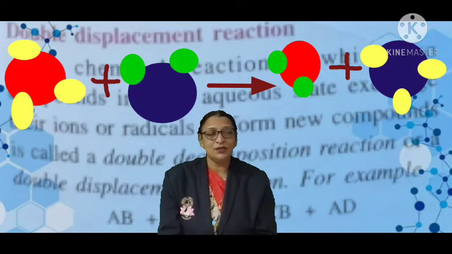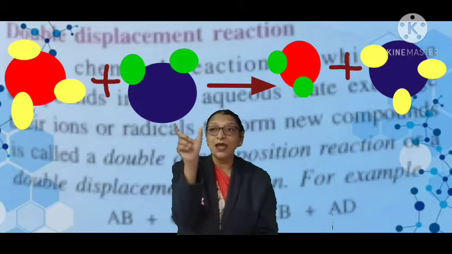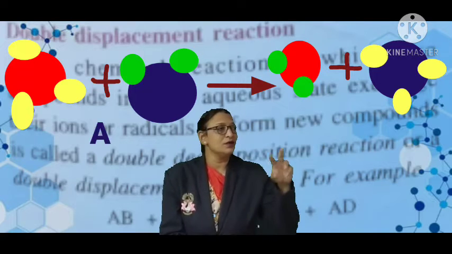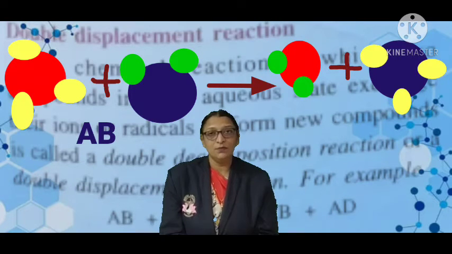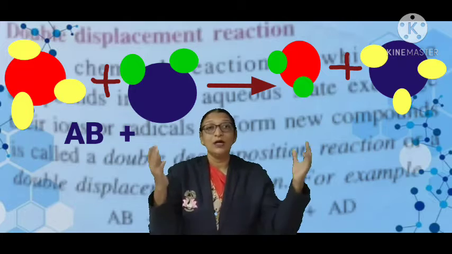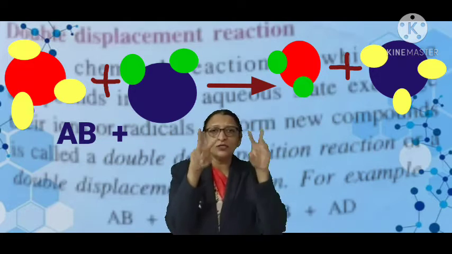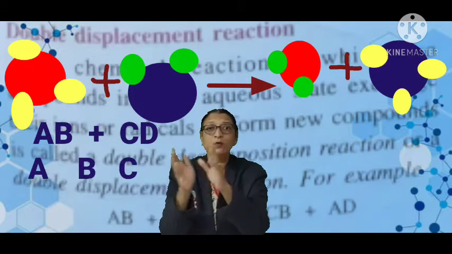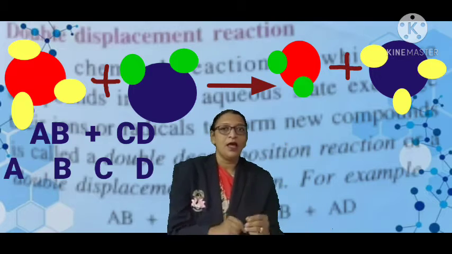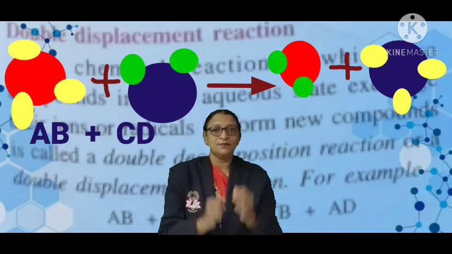So let us take the general reaction for double displacement reaction. The substance AB reacts with the substance CD. As the chemical reaction takes place, they get dissociated into ions A, B, C, D, and the rearrangement takes place.